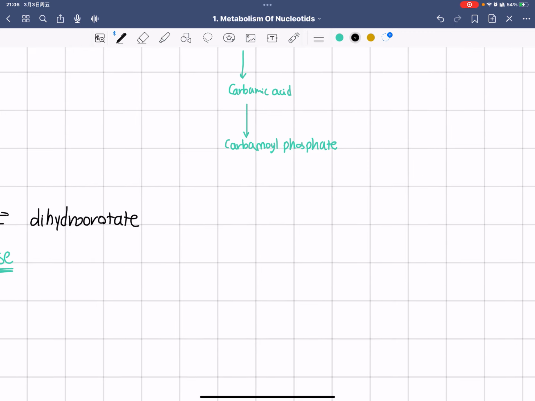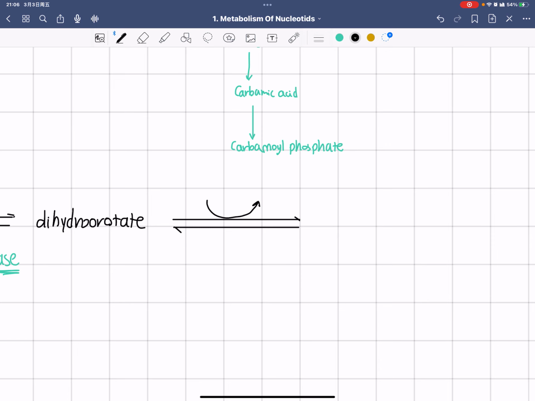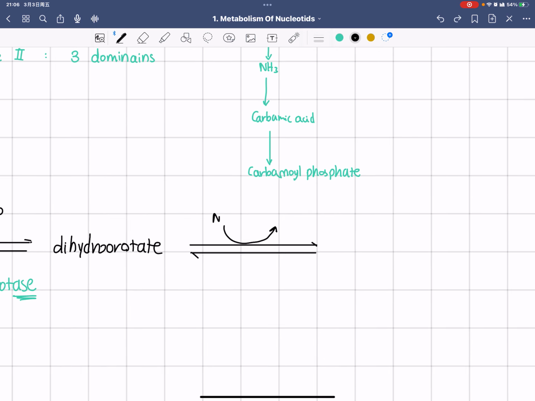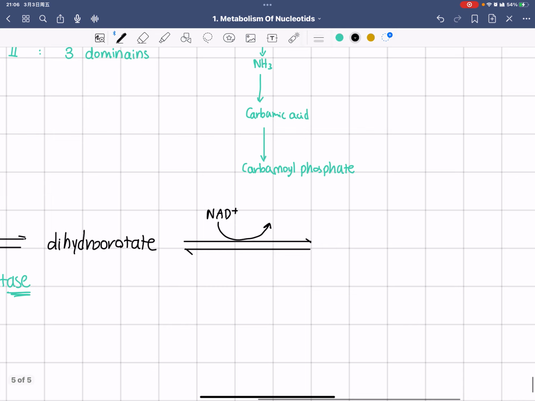Finally, we got to orotate. Well, the previous name has dehydro, which means we're gonna oxidize it. Well, how do we oxidize it? Something's gonna reduce, right? So we have NAD plus being reduced to NADH, and then dihydroorotate is oxidized.